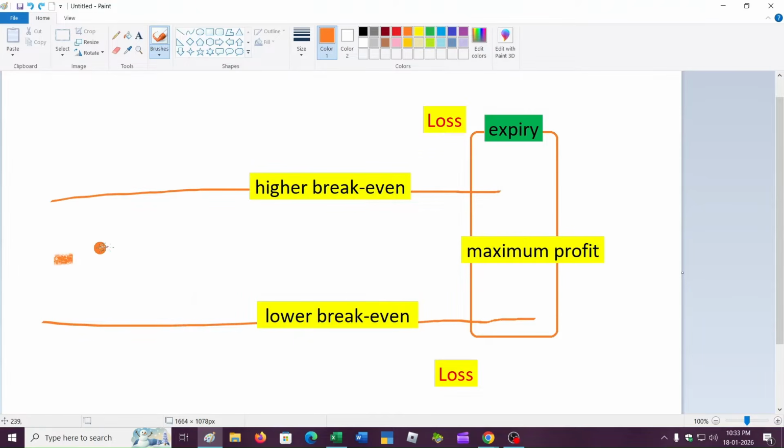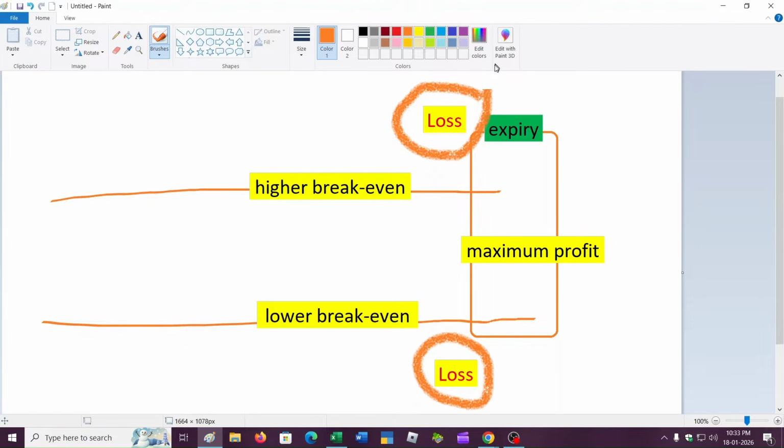What we don't need is Nifty to travel like that or like this or even like that or like this. That will create problems for us because here there is a loss making area, here there is loss making area. This is the higher break even.